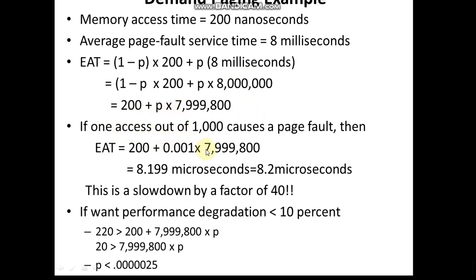If one access out of 1000 causes a page fault, that is 1 by 1000 is the page fault rate, which I can say is 0.001, then the effective access time is 200 plus 0.001, because 1 of 1000, 1 upon 1000, into the 8 milliseconds we have got. This results in actually 8199 nanoseconds. When you convert into microseconds, you will get it as 8.199 microseconds.